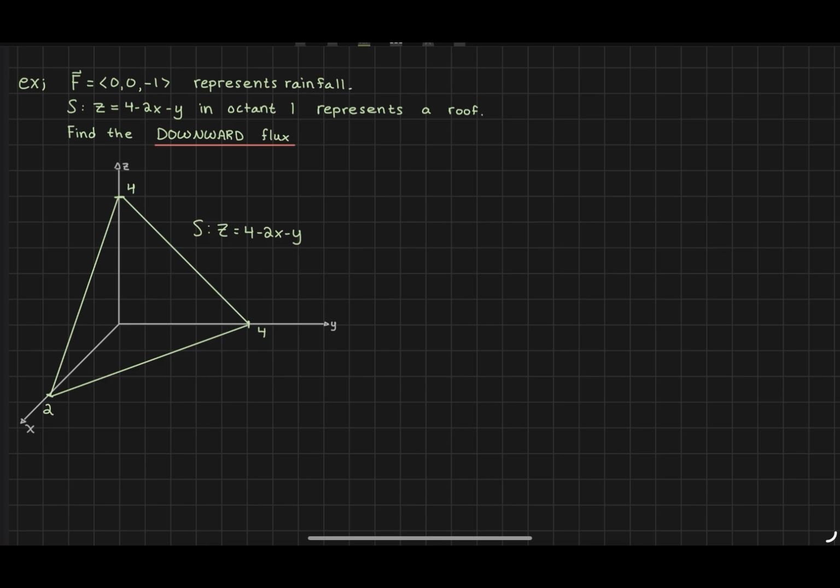Our surface is z equals 4 minus 2x minus y in octant 1, and it represents a roof. We're finding the downward flux here. I just want to recall, what is flux exactly calculating? Flux is how much of our vector field is passing through a surface. So it means how much of this rainfall is hitting the roof.